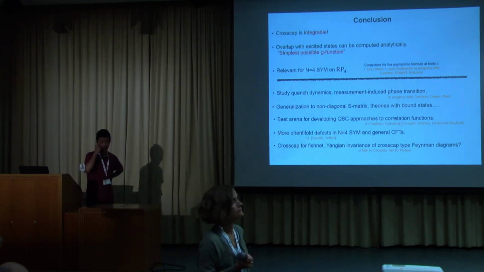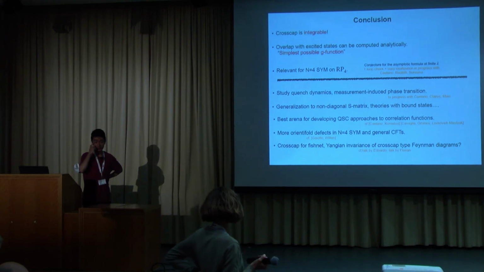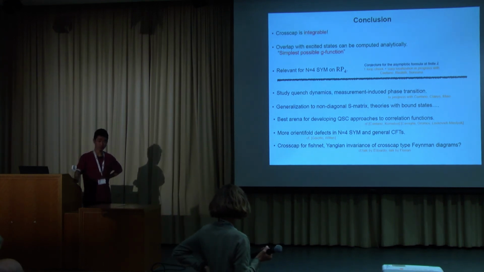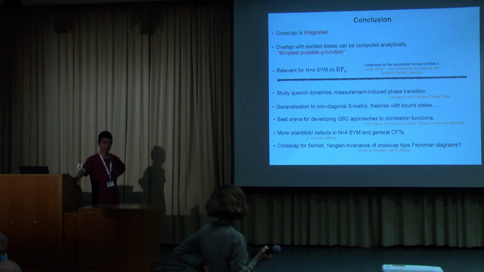Well, I expect that as long as it's Z2, you can combine it with this RP4 crosscap. So I think we can define different crosscap states for every Weyl reflection of the Dynkin diagram.